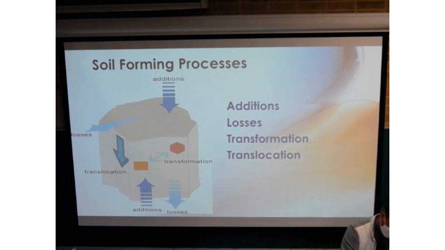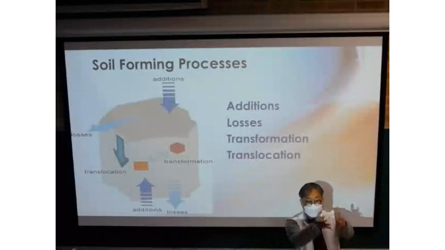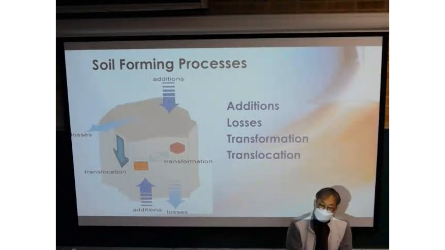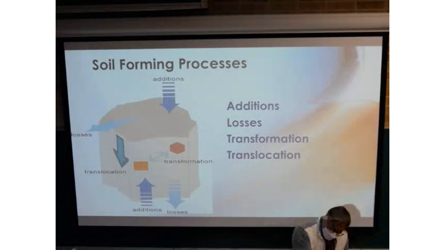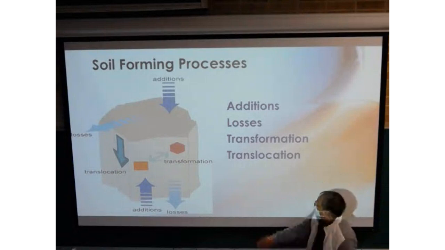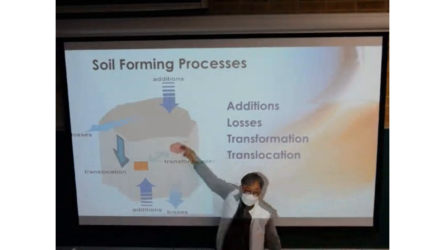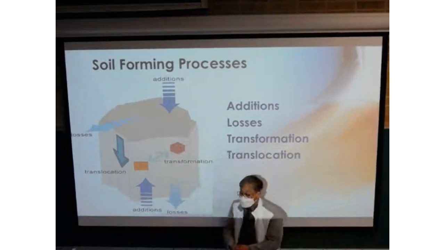And when the sediments accumulate here, they are able to move from the high elevation to the low elevation, because water can move from high elevation to low elevation in the soil profile. When the water moves, it is able to carry the sediments and minerals to the deeper area. So translocation occurs. Okay, translocation will occur in the soil profile.